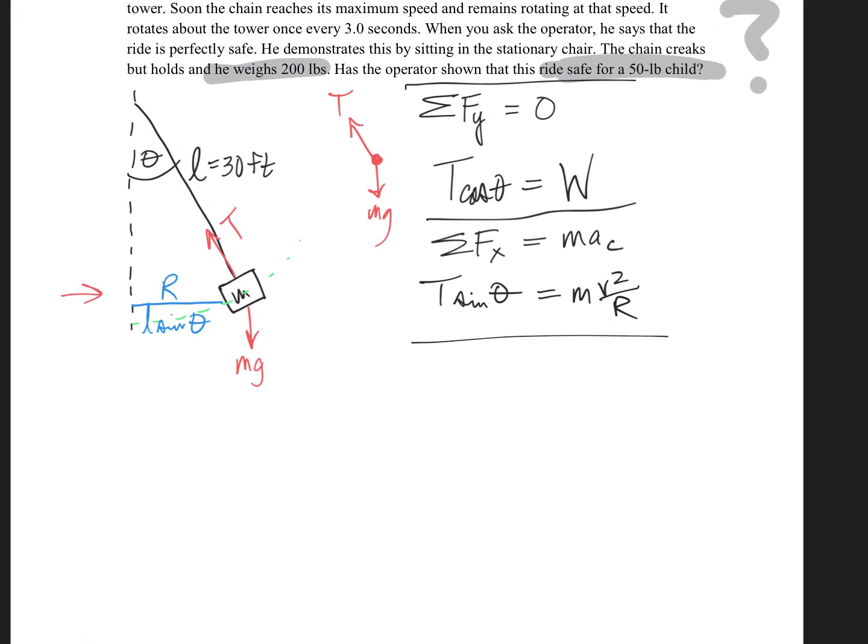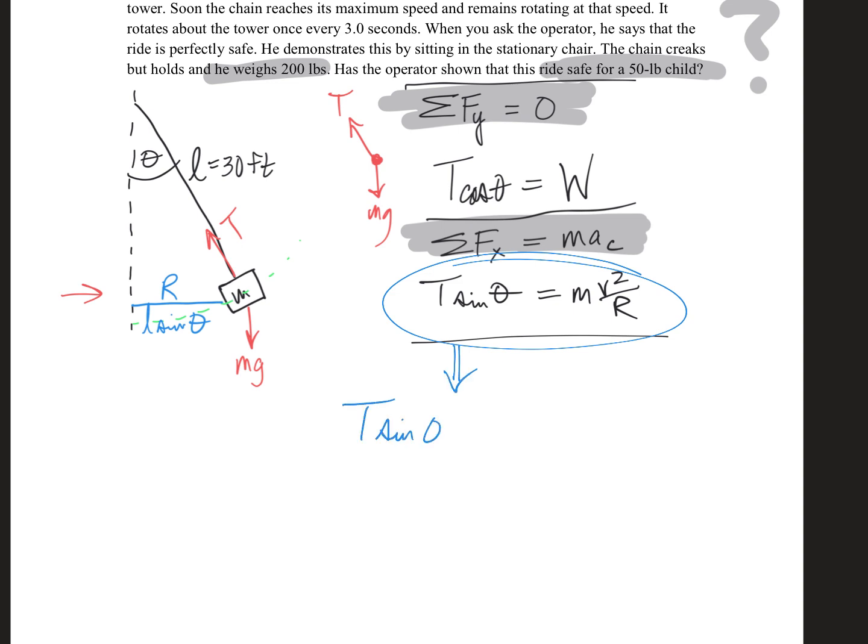Okay, so now we've summed the x and y forces here, and we have two equations with a common term, all right? But I'm going to take this and run with it. T sine theta.